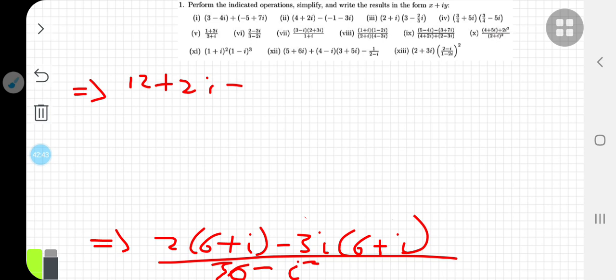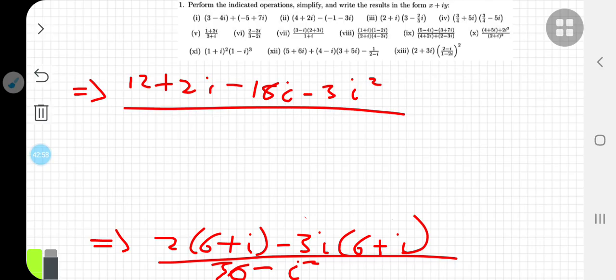So 12 there plus 2i there minus 18i there, and minus again 3i squared there.